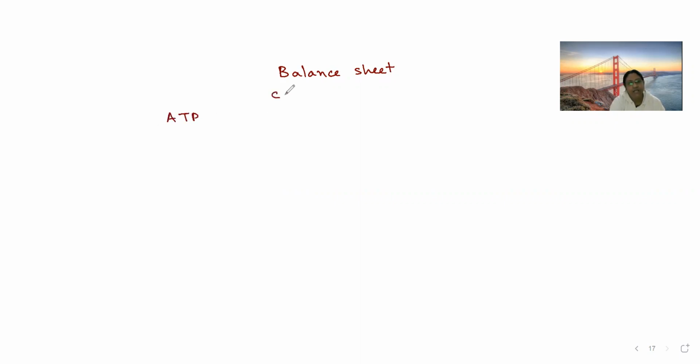So ATP consumed and produced, and NADH plus H plus consumed and produced. But I recommend for your reference, you can mention here about the step and number.